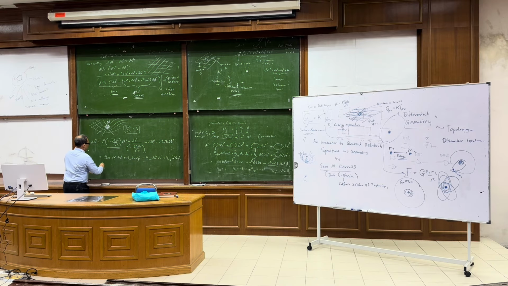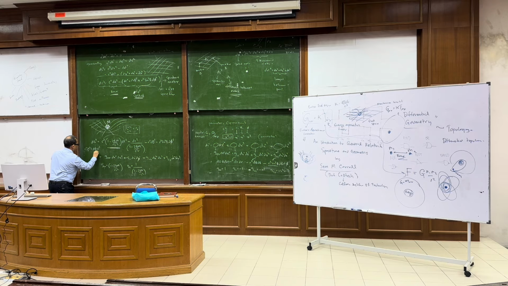So G00 is 1 minus 2GM over rc squared. G11 here is negative 1 over 1 minus 2GM over rc squared. The x0 is already included, absorbed in there. The c squared goes into dt squared, so it becomes d(ct) squared.